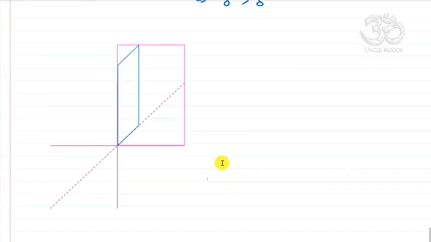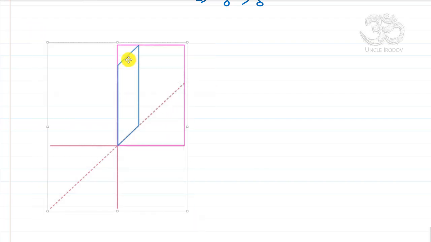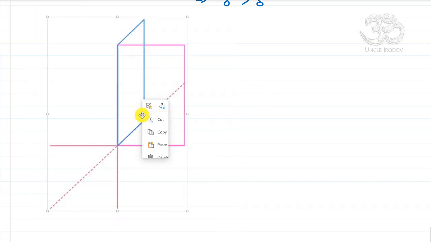Yes, people. So the diagram looks like this, right? Where this pink one is the magnetic meridian, and let me just change the sizes. Like this, yeah. And this much works fine. So this looks really nice, neat, and let me group this.